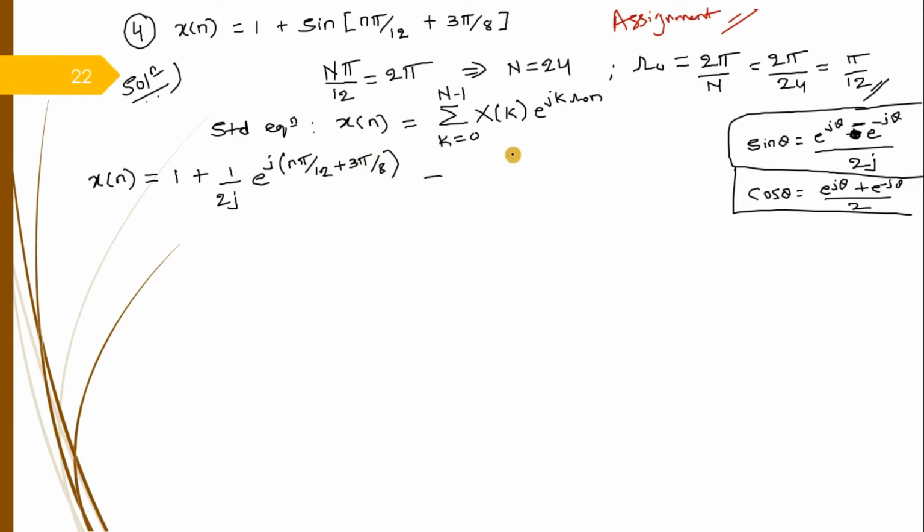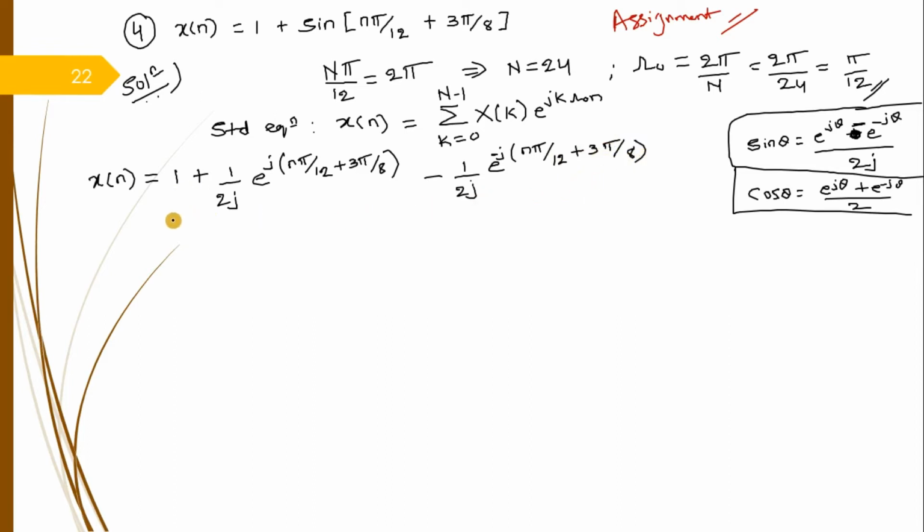Then minus 1 by 2j, which is applicable to the second term also, e raised to minus j, n pi by 12 plus 3 pi by 8. The equations look big, but it is very simple if you go on analyzing and solving it.